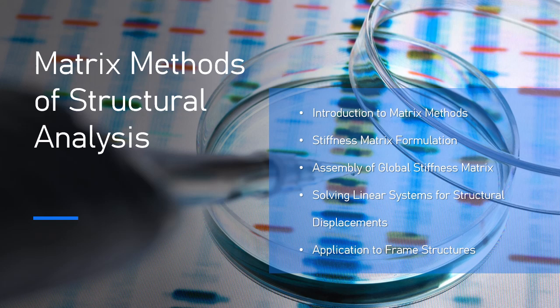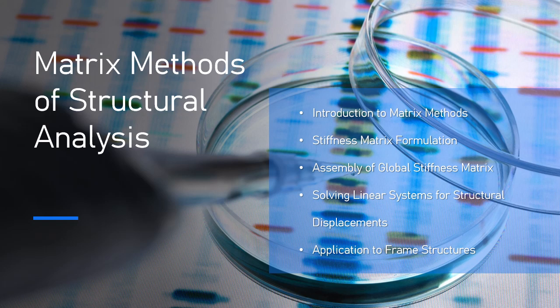1. Labeling the degrees of freedom, DOFs. Each node in the structure has associated DOFs. For a 2D frame structure, the typical DOFs at each node might be translation in the x direction, translation in the y direction, and rotation about the z-axis. For example, for a structure with n nodes, the global stiffness matrix K will have 3n rows and columns, since each node has 3 DOFs in a 2D structure.